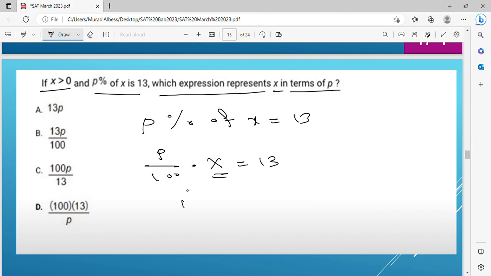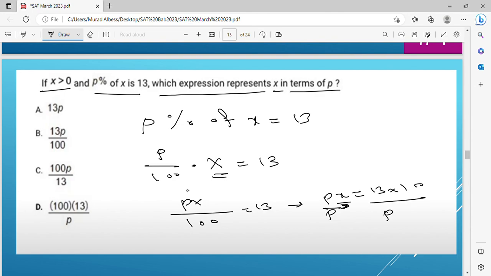That's bx over 100 equals 13. So bx equals 13 times 100, divided by b. So x equals 13 times 100 over b. That's the answer.